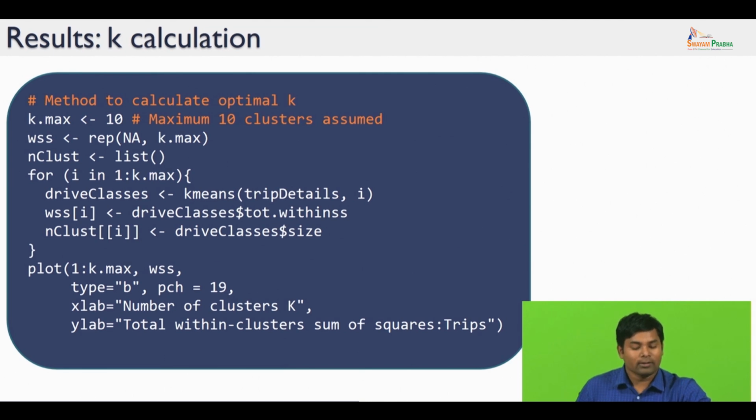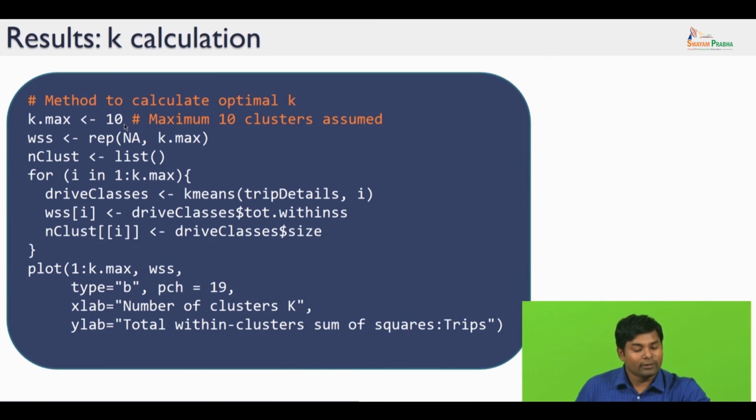When you plot this within sum of squares against the number of clusters, you will find that after a certain number of clusters the decrease in the within sum of squares value is low, and you say, look, this is the optimal number of clusters into which your data has to be divided. Let us illustrate this code line by line.